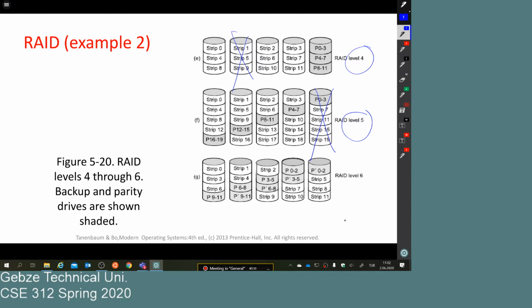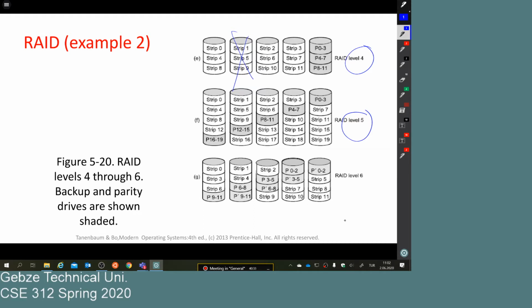Level 5 is faster. Why is level 5 faster? That's the right thing actually. Level 5 is faster because we distribute our data across 5 disks.